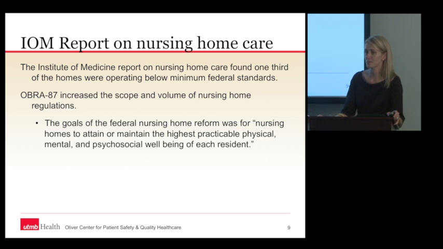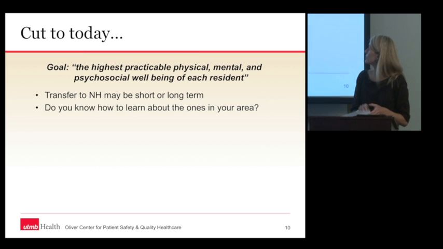New regulations were put in place almost immediately. In 1987, the overall goal of new regulations was to provide the highest practicable physical, mental, and psychosocial well-being for each resident. That is what the government decided was the best goal to have, and that stands today.